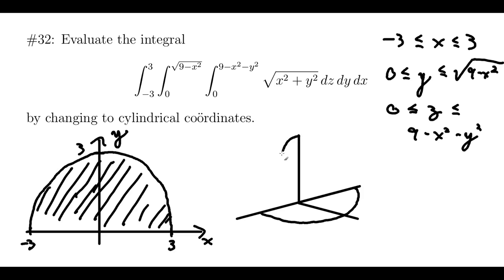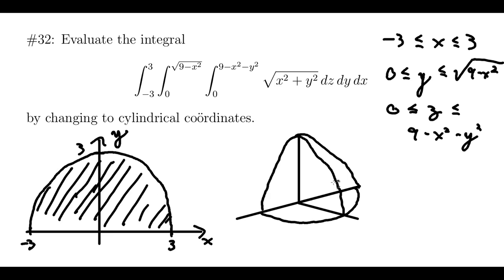That is a downward opening circular paraboloid. So you have this sort of region in xyz space here. This part is less important to work out in this particular case because we have these clear bounds on z, and the conversion between rectangular and cylindrical is usually pretty easy as far as z is concerned because they both still have a z-axis. It's x and y that we need to be most concerned with.